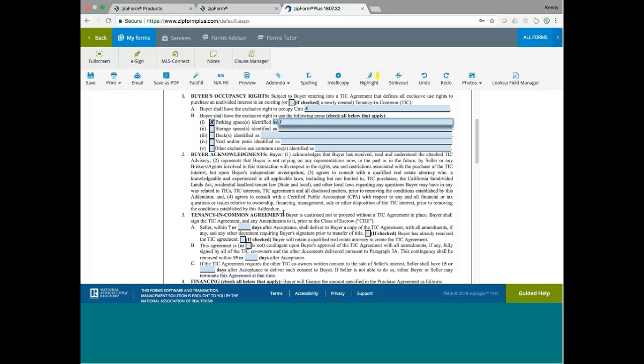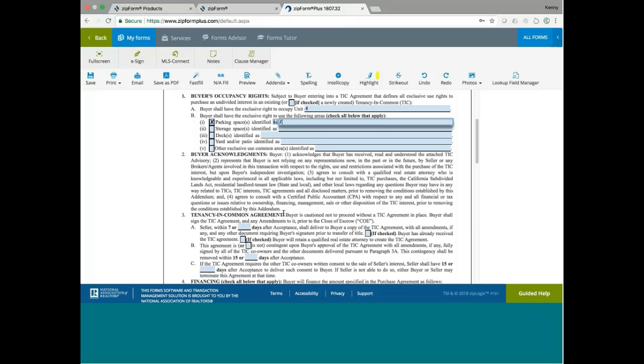Let's say 2 individuals decided to invest in a property and they want to hold TIC interest and they don't do a TIC agreement. Oftentimes when they don't do a TIC agreement, they will find themselves in disagreements on many things, and then ultimately they decided to partition.